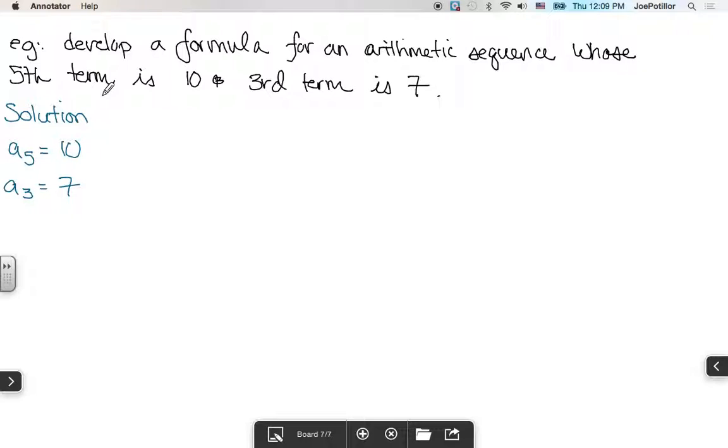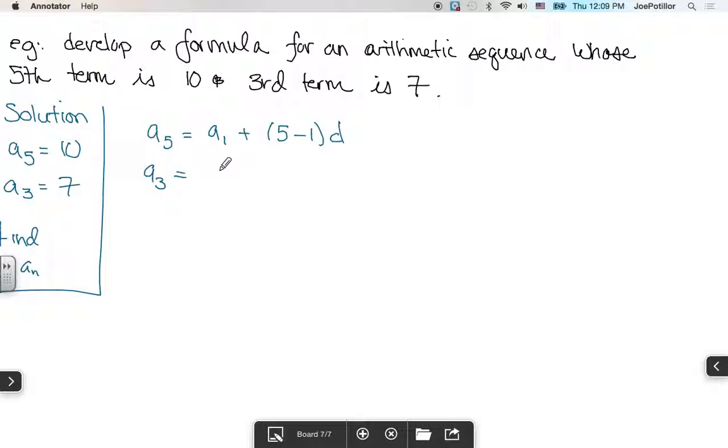If you do not have either the first term or the common difference to work with, well, you can find them. I know a sub 5 is equal to a1 plus 5 minus 1 times d. I know a sub 3 is equal to a1 plus 3 minus 1 times d.